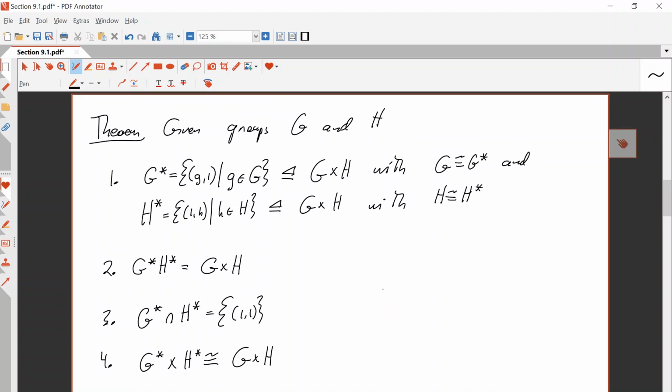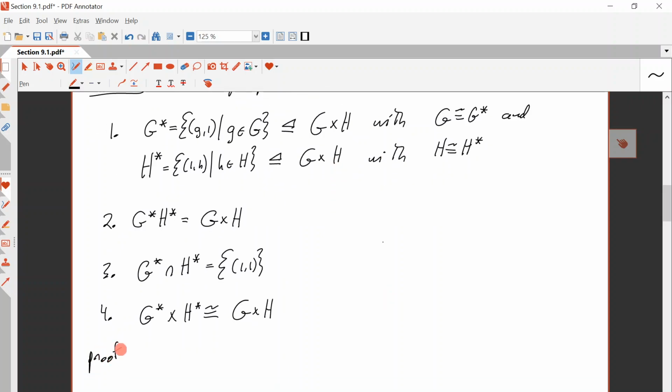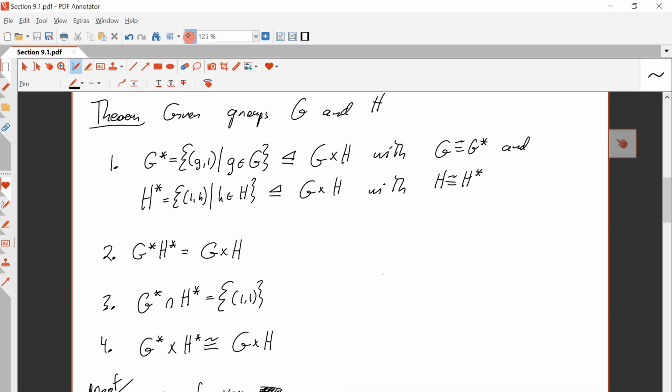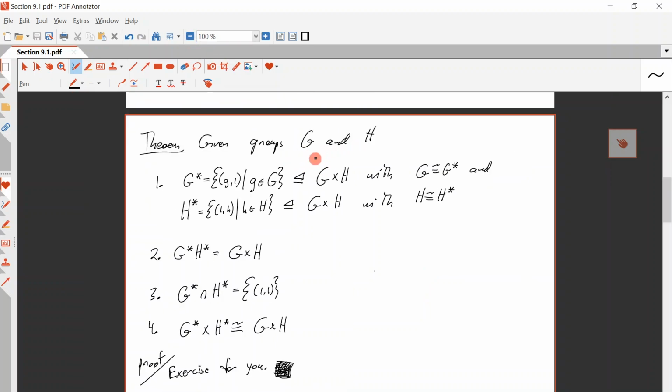So in a direct product, you've basically got the following. For the proof, you can think about that. They're all just by definition type statements. Given a direct product of groups G cross H, there's an isomorphic copy of G within G cross H, defined in the obvious way.